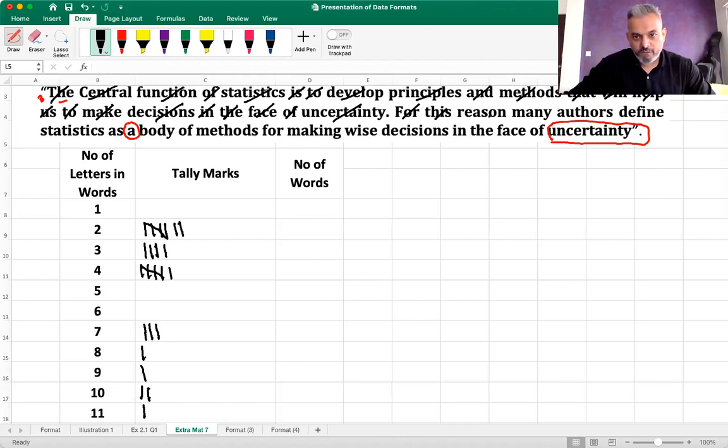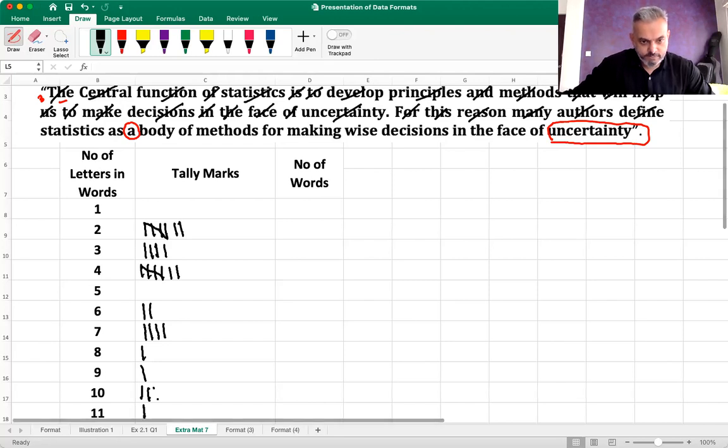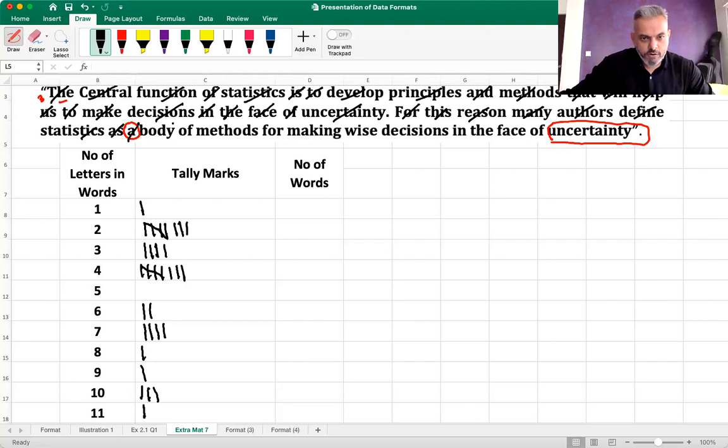Reason, 1, 2, 3, 4, 5, 6. Many, 4. Author, 1, 2, 3, 4, 5, 6, 7. Define, DEFINE. So 6. Statistics, 1, 2, 3, 4, 5, 6, 7, 8, 9, 10. As, so 2. A, so 1. Body, so 4. Of, so 2.